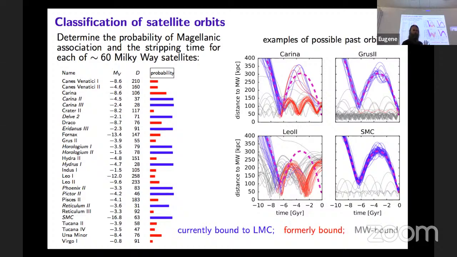It still doesn't make these satellite planes as prominent in most cosmological simulations. But this is, again, an ongoing debate, and maybe we are missing something in physics. It's natural that satellites come in groups, so this group accretion might explain the satellite plane, but it does not have to come with the LMC in particular. They might be just coming with their own group. What I'm saying is that this is one possible explanation.